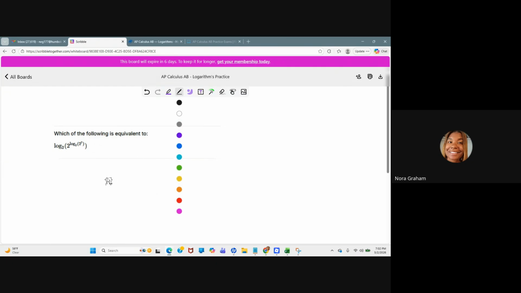Okay, one thing I'm going to notice is this is another property I have. I have my base, and then I have inside my parentheses right here. Those are the same, right? So what property is that? That's log base x of x to the a. I'll put 2 and 7.